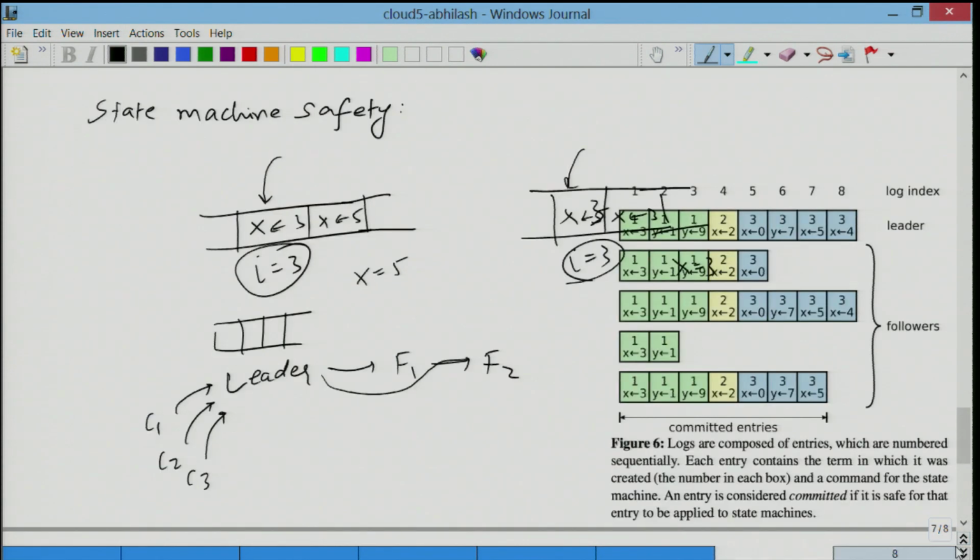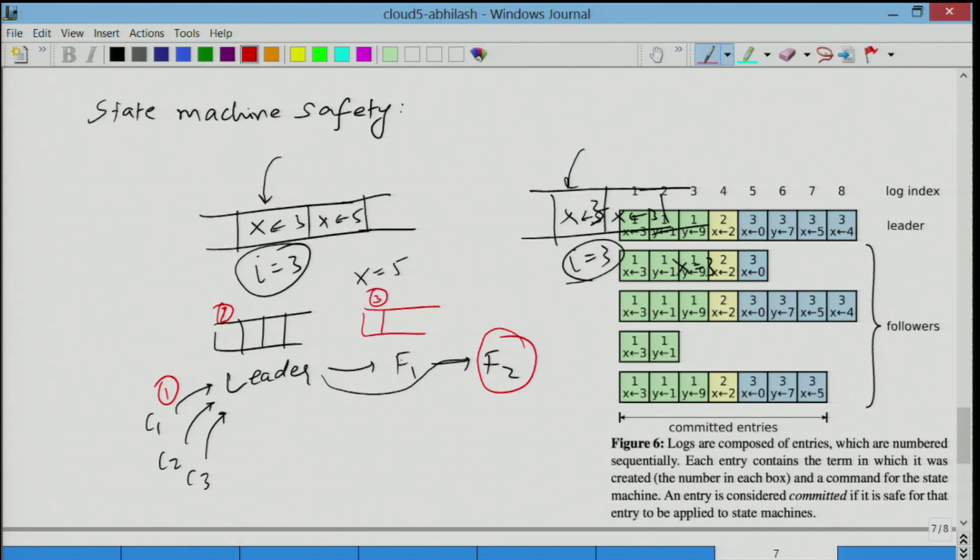Okay, so first let's look at some easy cases. What happens if a follower crashes? If F2 crashes, what will happen? Okay, so just to reiterate, the client first sends the request, the leader appends it to the log, then it asks the follower to also append it to their log.